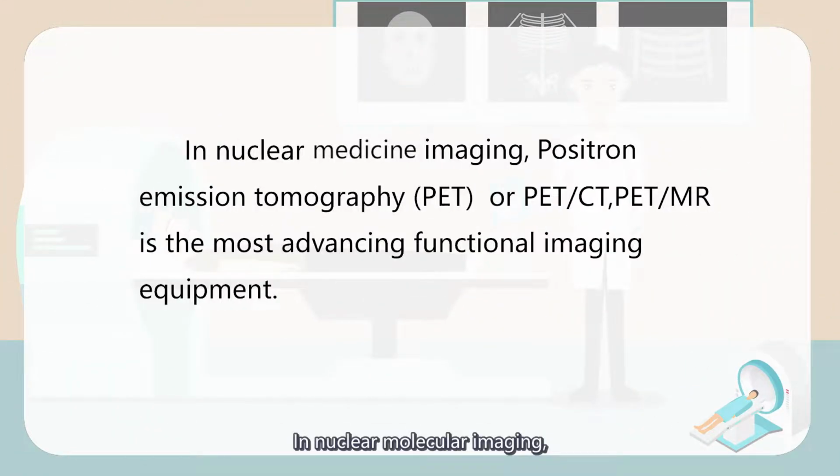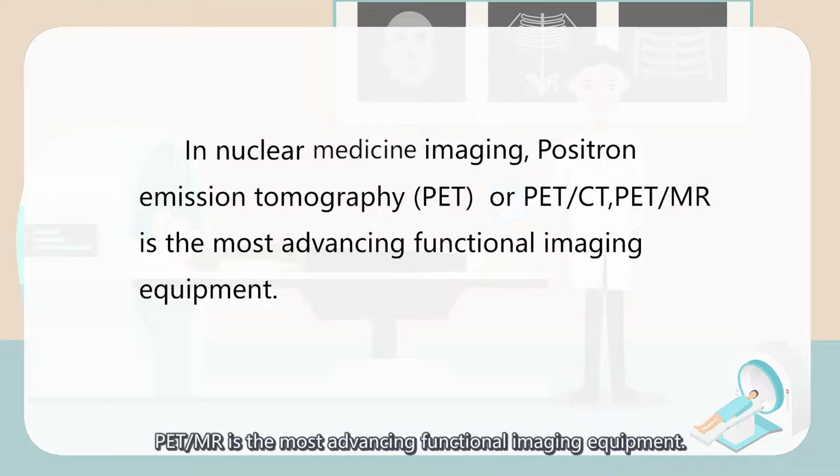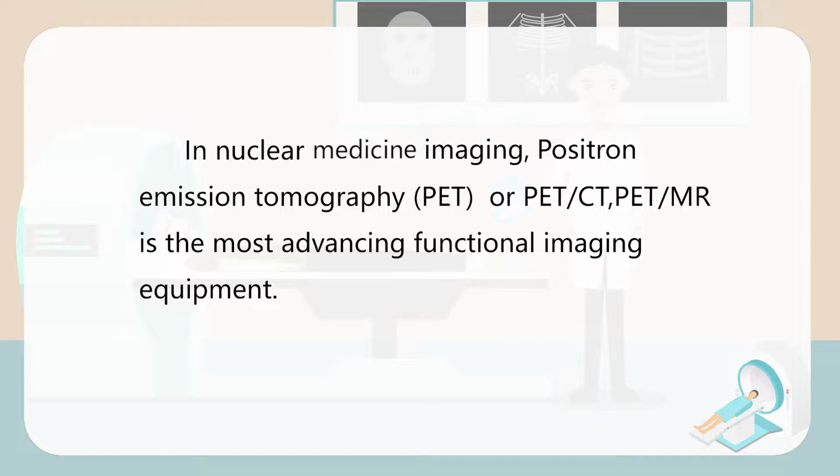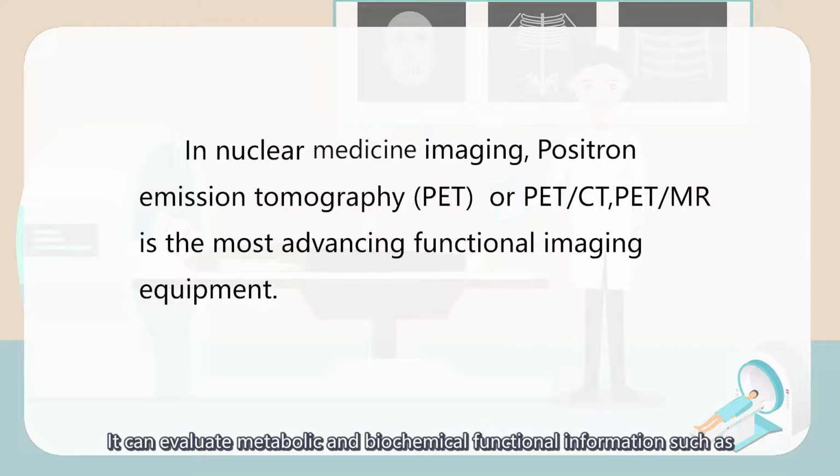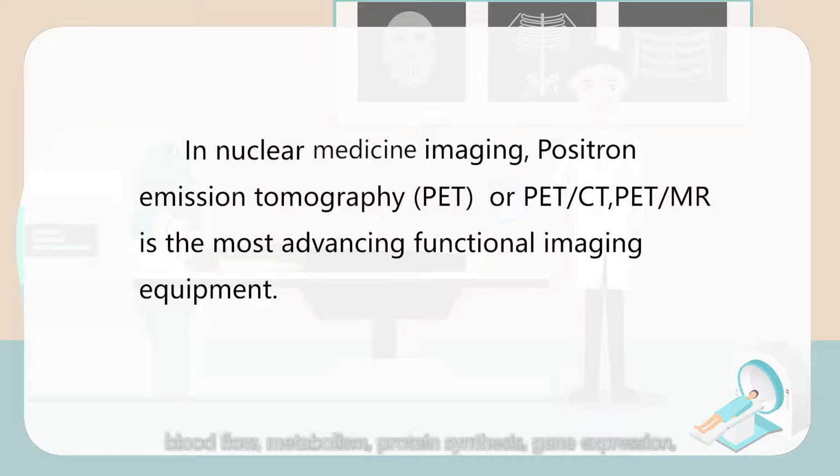In nuclear medicine imaging, PET, positron emission tomography, or PET-CT, PET-MR, is the most advanced functional imaging equipment now. It can evaluate metabolic and biochemical functional information such as blood flow, metabolism, protein synthesis, gene expression, tissue oxidation, and so on by non-invasive means.